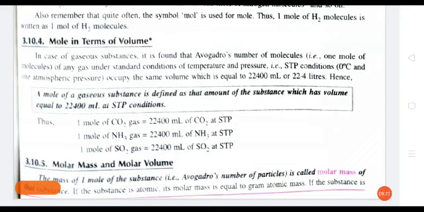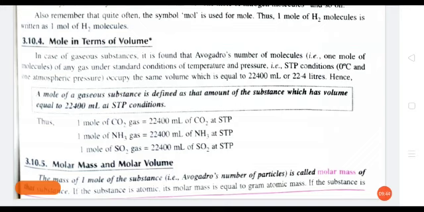Okay, so in terms of volume, if we are talking about mole, it should be totally based on standard conditions of temperature and pressure, and which will be equal to 22,400 ml or 22.4 liters.